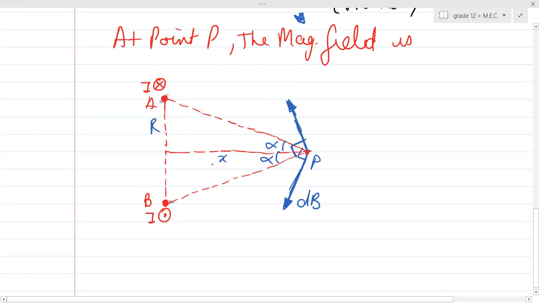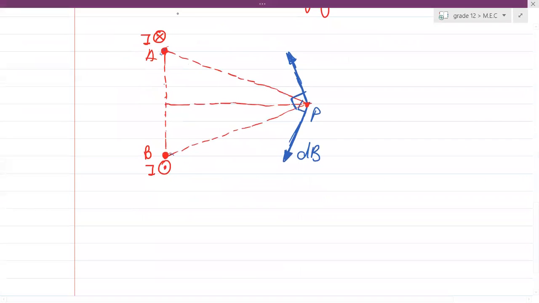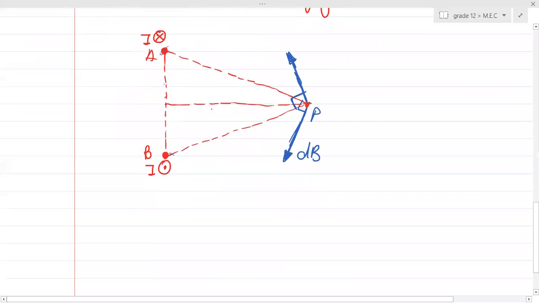R, X, R. I'll just mark it so that you will be able to understand it clearly. So this is your R, this is your X, this is your R, because this was the ring. I'm not showing the whole ring to you.